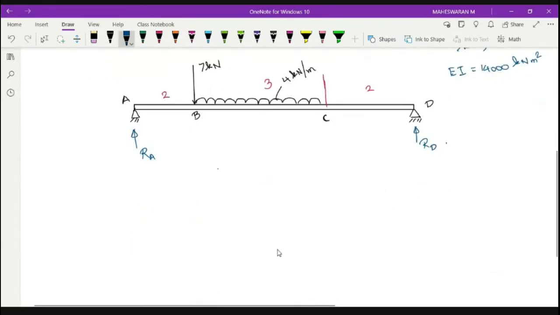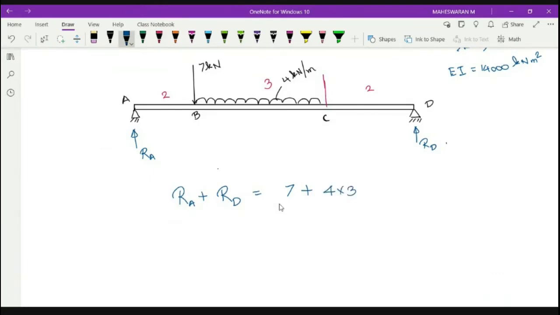As per engineering mechanics, same procedure: upward force is equal to downward force. What are the forces going upward? RA and RD. So RA plus RD is equal to the downward force. The downward forces are a point load and a UDL. The point load is 7, plus the UDL, which is 4 kilonewton per meter for 3 meters, so 4 into 3.